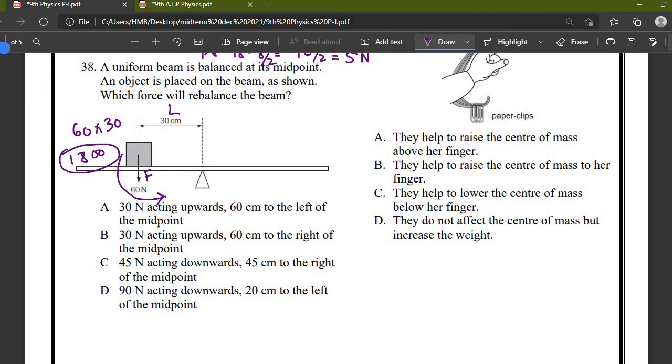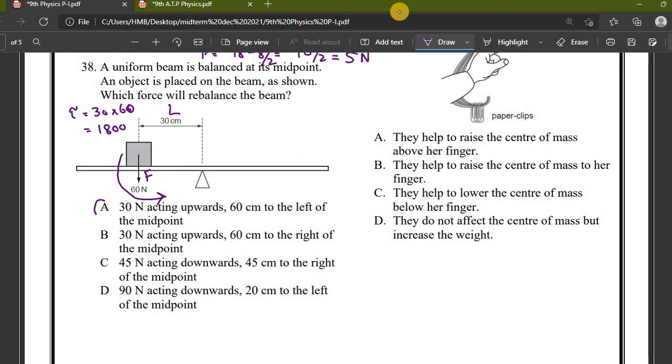This means that in the clockwise direction, or on the right hand side of this rod, a force should be placed to balance it. So option A is 30 Newton acting upward, and 60 centimeter on the left of the midpoint.